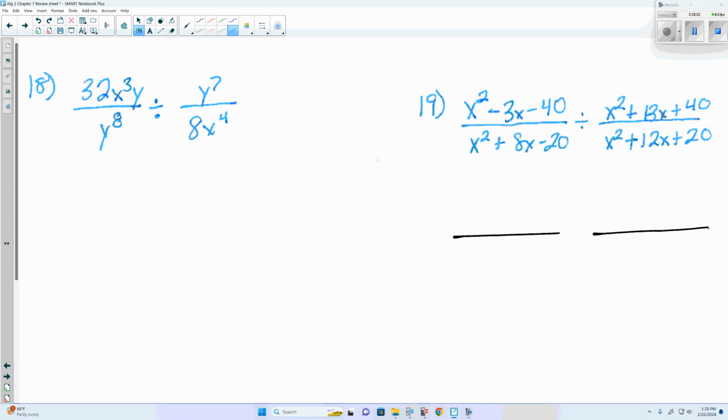Now, with division, what is the one key step? Do y'all remember what it was for dividing? Keep, change, flip. We keep the first one the same, change the operation from division to multiplication, and flip the second.